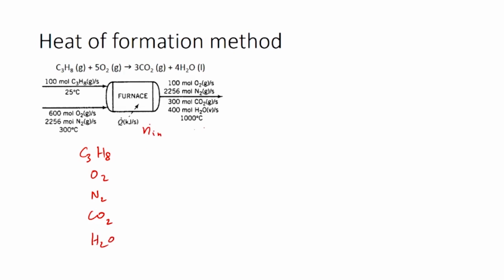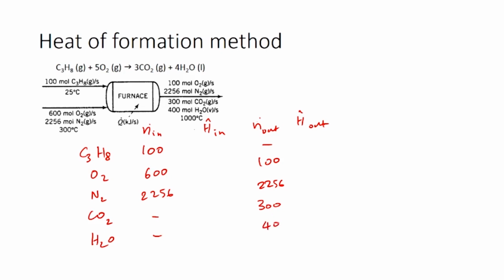You have N dot in, H cap in, N dot out and H cap out. So, these values are 100, 600, 2256 and 0 and 0. So, you do not have any propane leaving and these values are 100, 2256, 300 and 400, and now these values have to be accounted for.